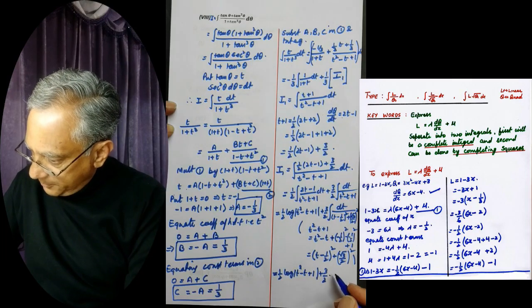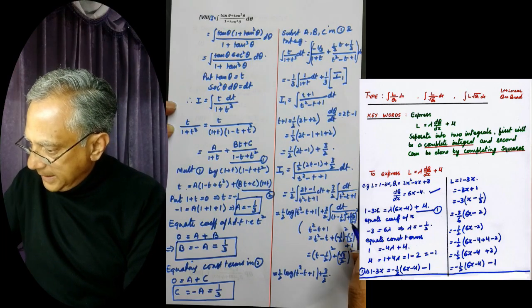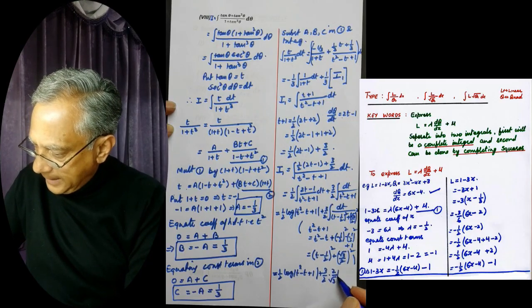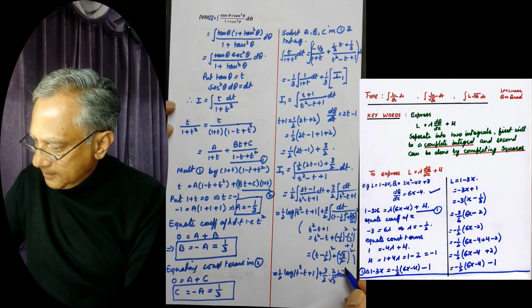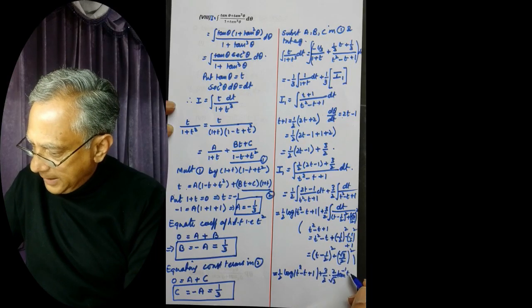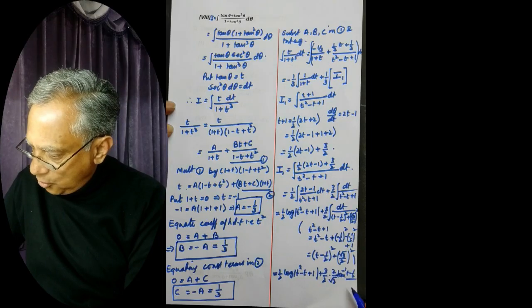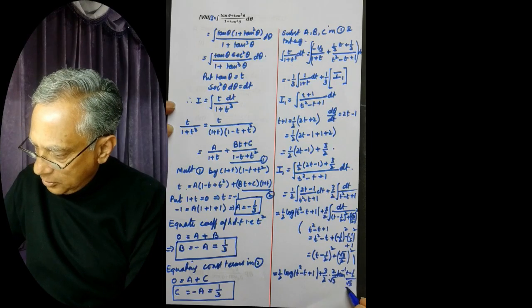So 1 by a will be 2 by root 3, and tan inverse of x by a, where x is t minus half, over root 3 by 2.